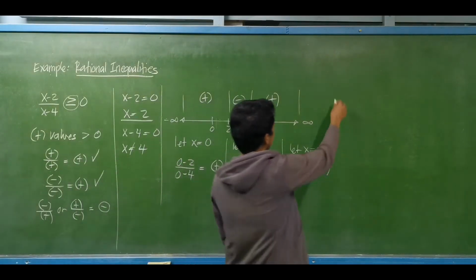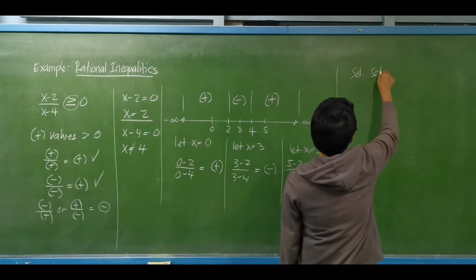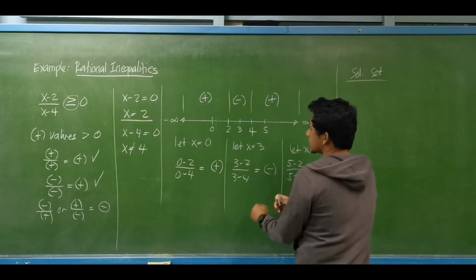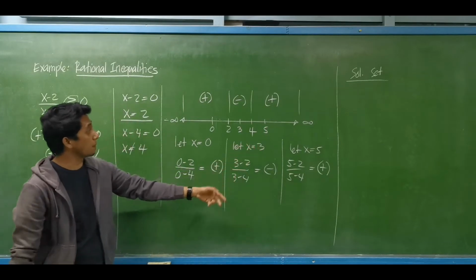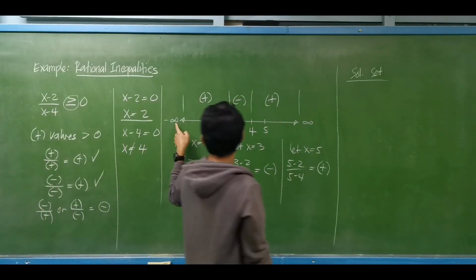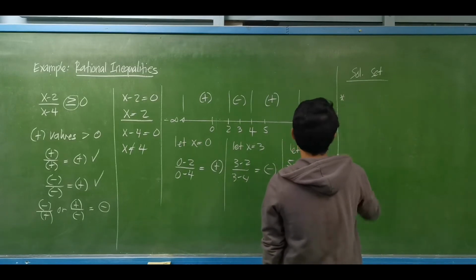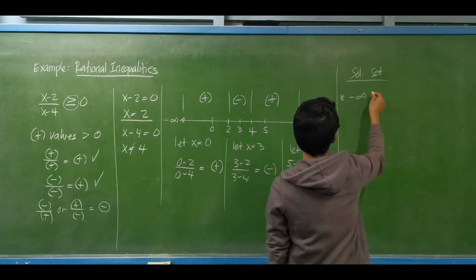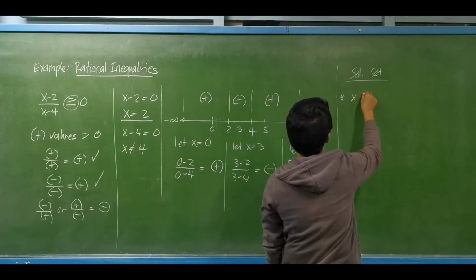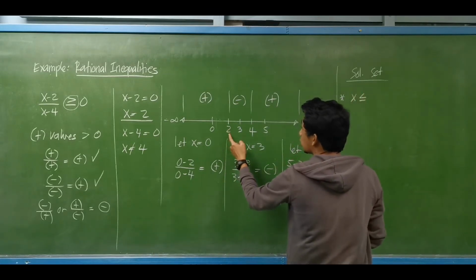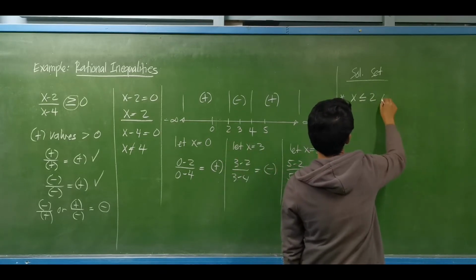So for the solution set, it is the intervals that give a positive quotient, that is from negative infinity to positive 2. Using inequality, x is less than or equal to 2, since 2 is included.